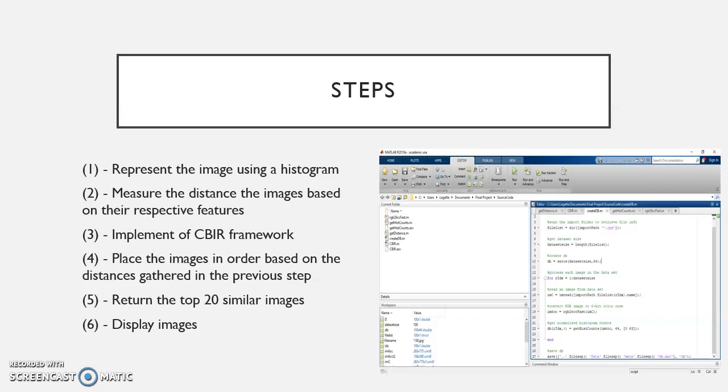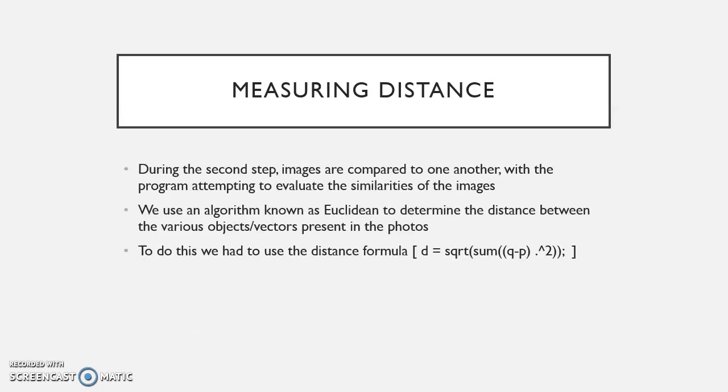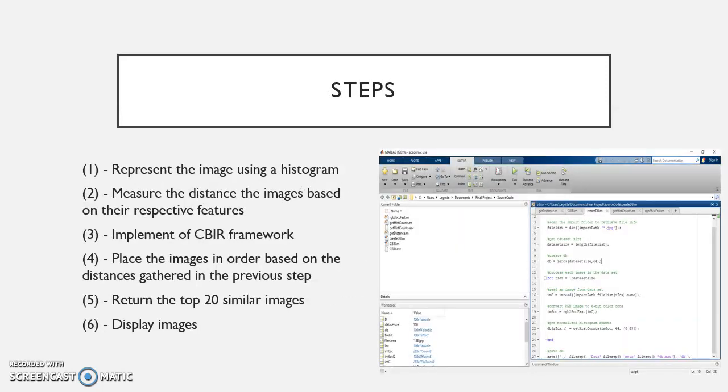To do that, we use Euclidean distance. That's what we use to measure the distance between the vectors of the image. That basically determines what images are similar to one another: the distance between the vectors.